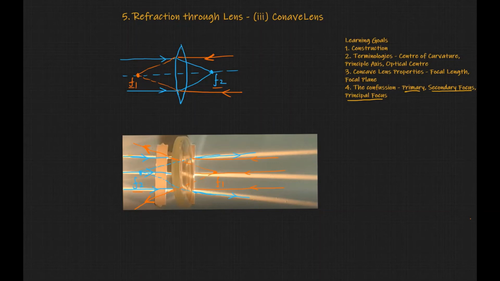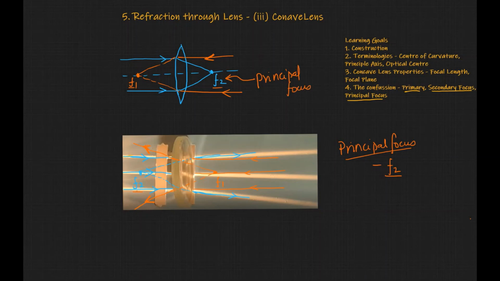Okay, now the principal focus is always the secondary focus. Once we position the lens, in whatever way we position, then the principal focus is always taken as a secondary focus. So in case of a convex lens, this becomes the principal focus.